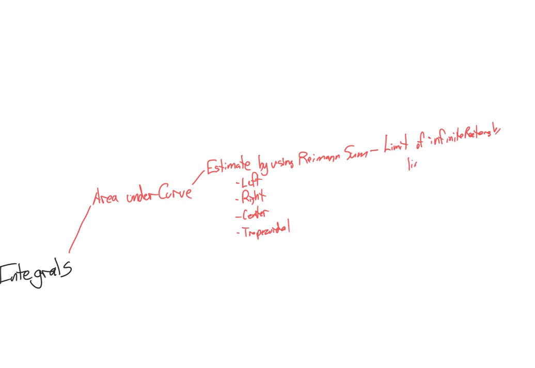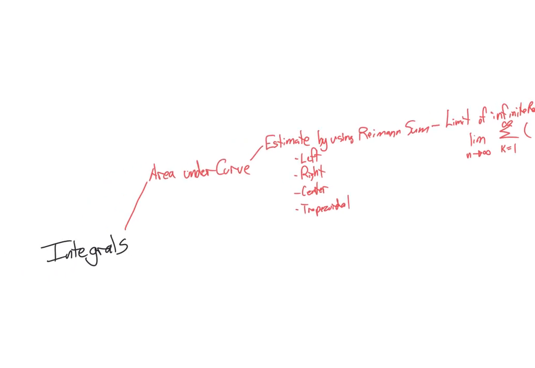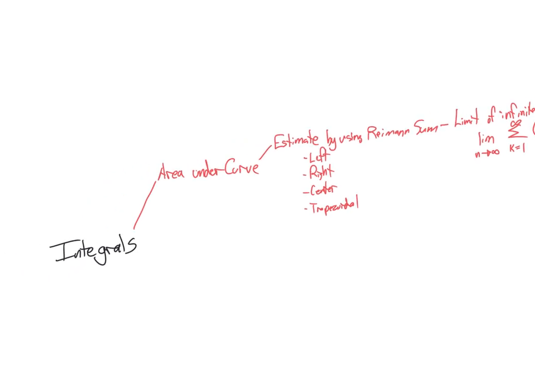So that's the limit as n approaches infinity of the sum of k equals 1 to infinity of whatever our thing is. Remember, this was how we got from the rectangles, these sums, to the actual integral. So this area under the curve is kind of what defines it and what allowed us to do the calculus, the integral calculus that we did.